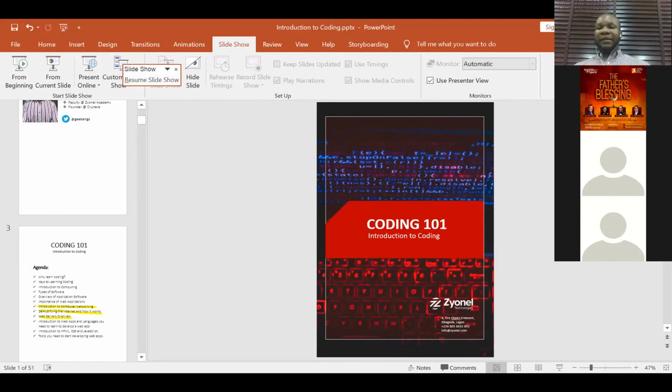The reason they say Google is your best friend as a programmer is this: when you are learning a particular programming language, apart from the general principles of computer programming, let me mention this. Irrespective of the programming language you are learning, there are some general principles of software development and computer programming which cut across every programming language.